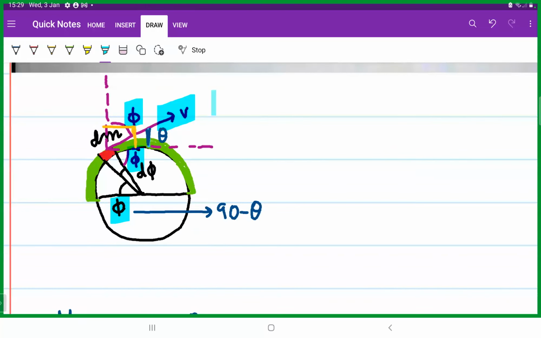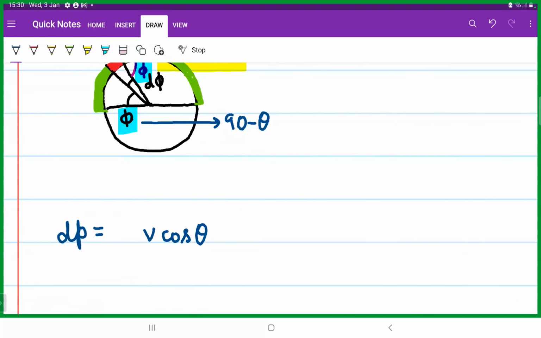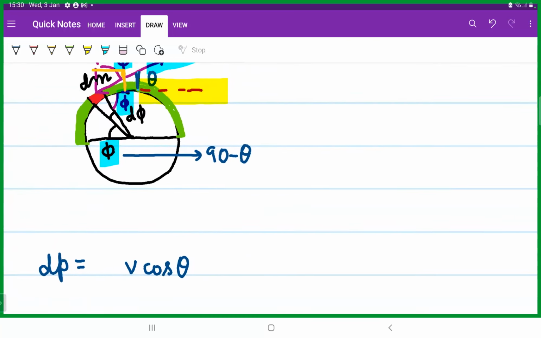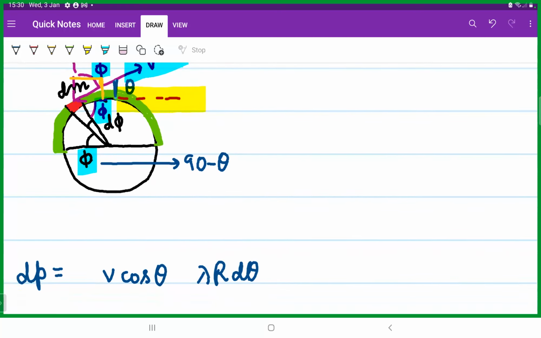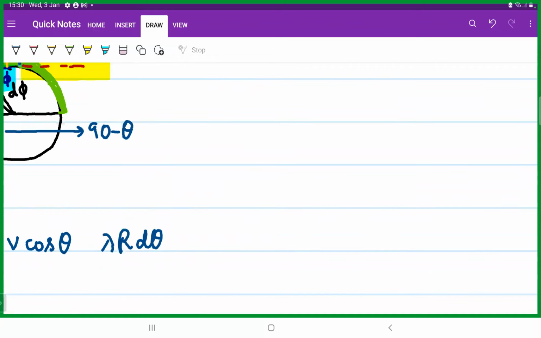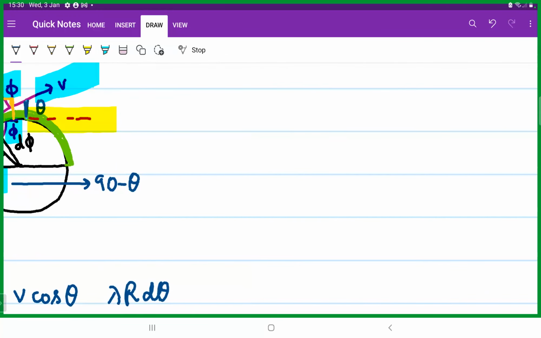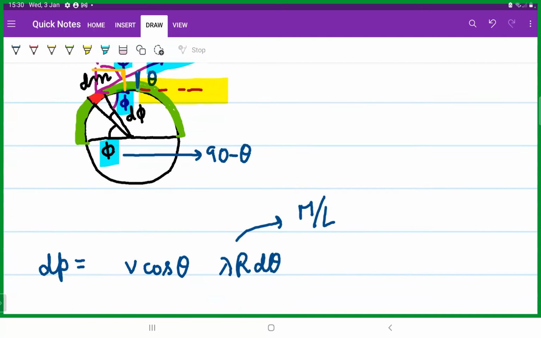This thing right here is v, and in the x direction it will be v cos theta. The small mass dm will have a mass of lambda r d theta, where lambda is the mass per unit length of the train, which is basically equal to M by L.